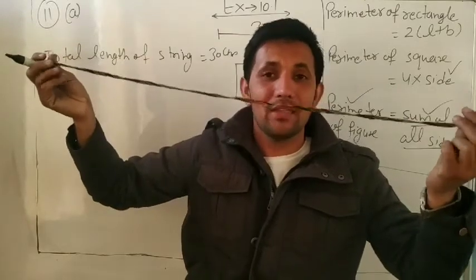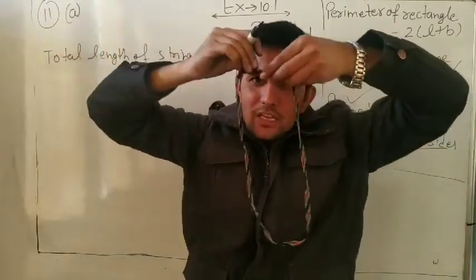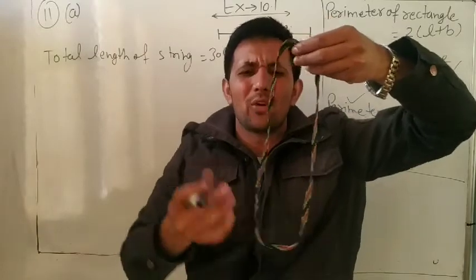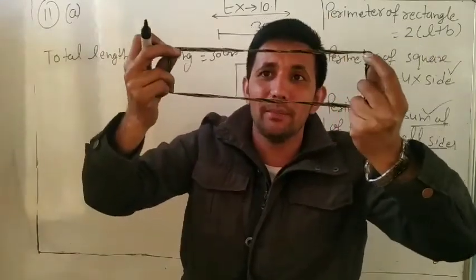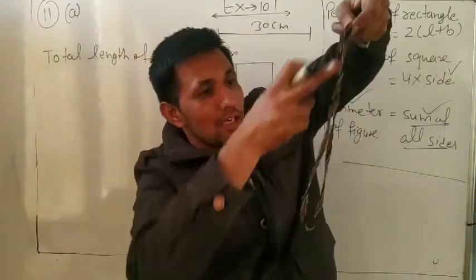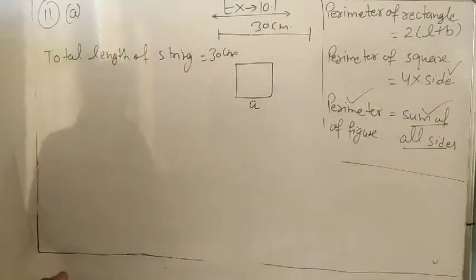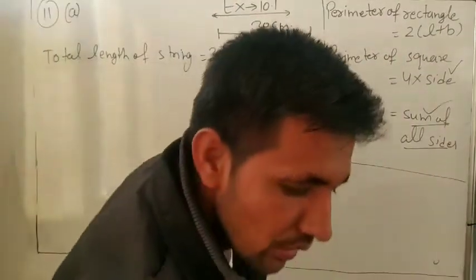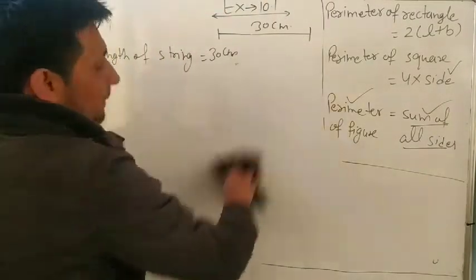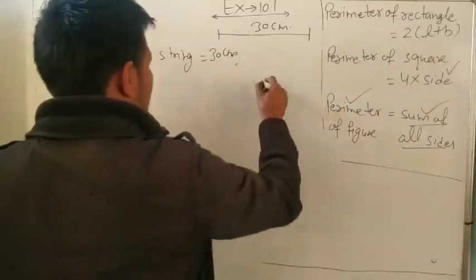Perimeter means total length. If you make a square or rectangle, where is its perimeter? Perimeter means the total length of the string. So same as it is, the total length of string is 30 centimeter. It is a square.